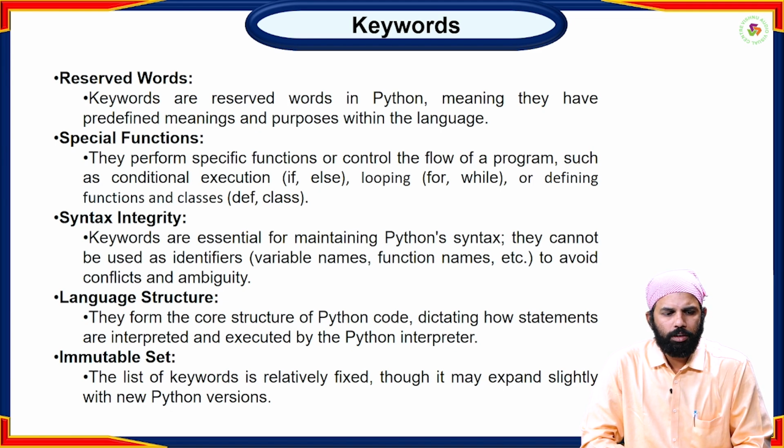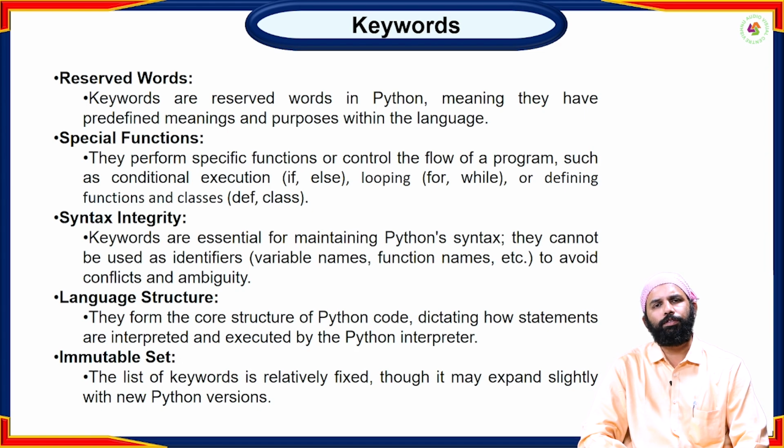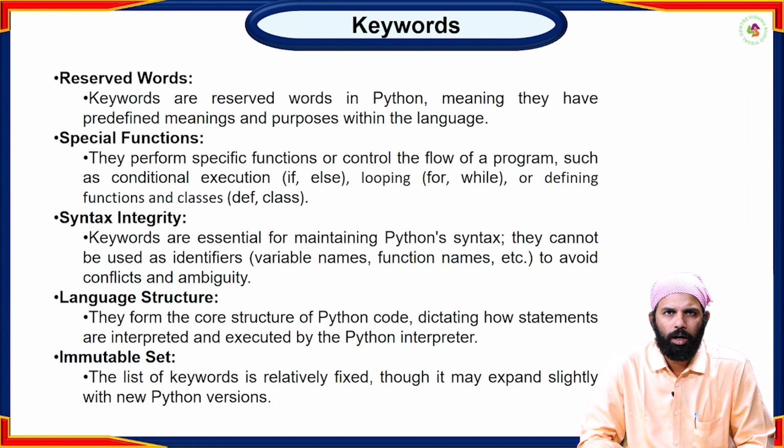If we concentrate on syntactic integrity, keywords are essential for maintaining Python's syntax. In any programming language, keywords work to maintain the syntax of the whole code. Their usage restricts the code to work in a specific path and to achieve the goal of the output.